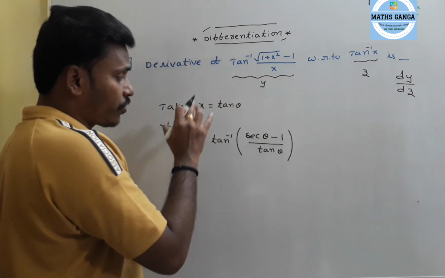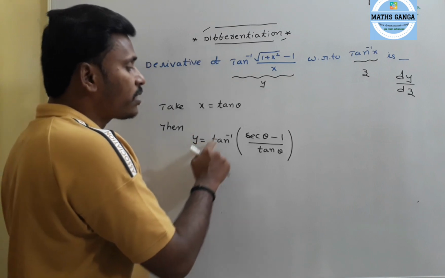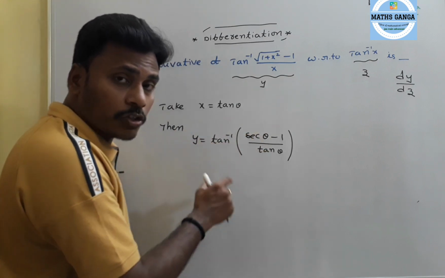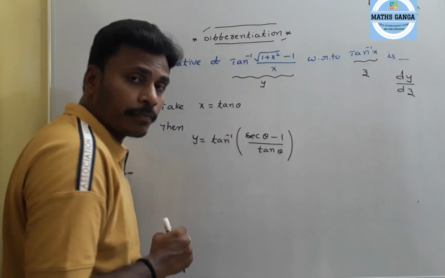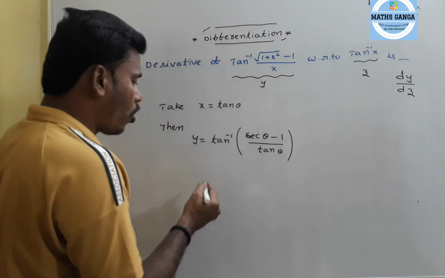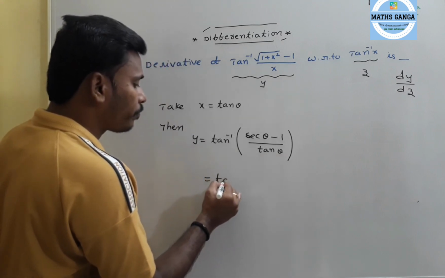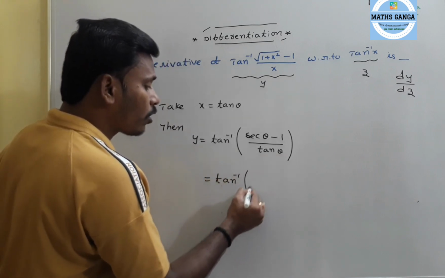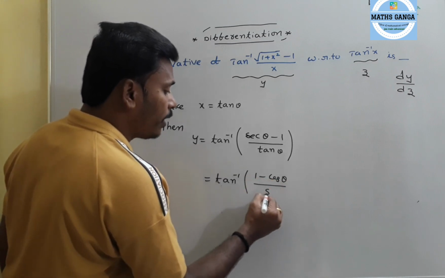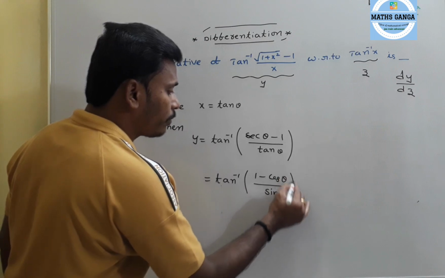Okay, if x is tan theta, y is tan inverse of (secant theta minus 1) by tan theta. And now try to simplify this. Secant theta is 1 by cos, tan theta is sin by cos. So this is nothing but tan inverse of (1 minus cos theta) divided by sin theta.